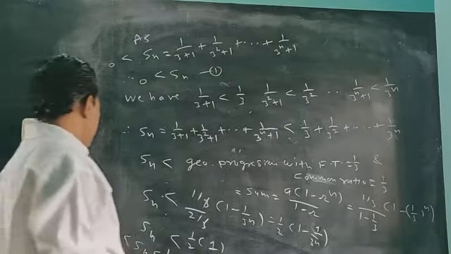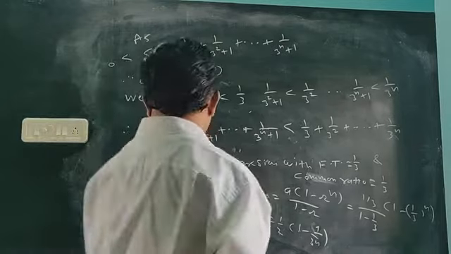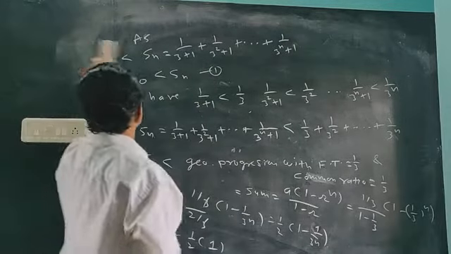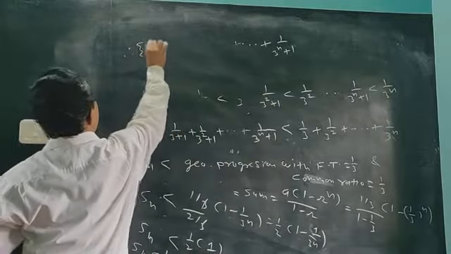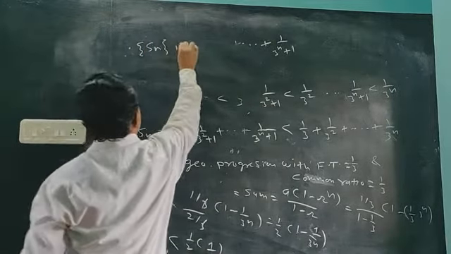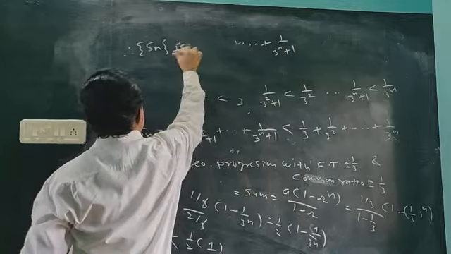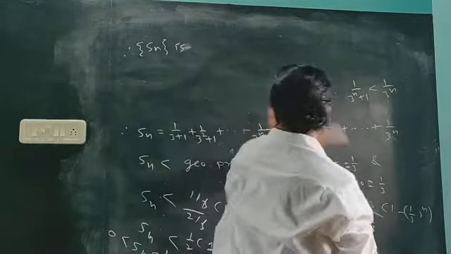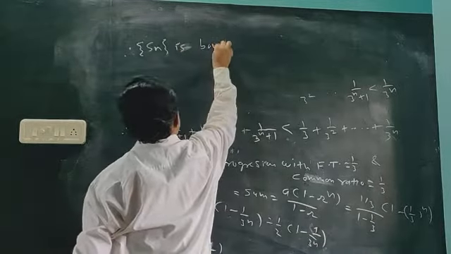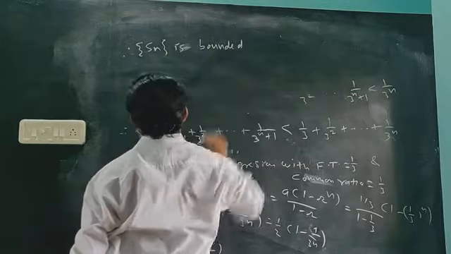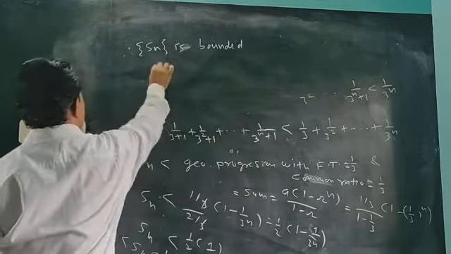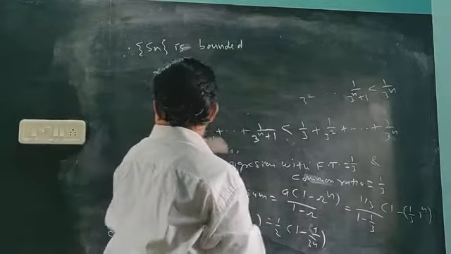So lying between 0 and 1 by 2 is what? Bounded. So therefore the sequence Sn is also bounded. So it is monotonic increasing and bounded.